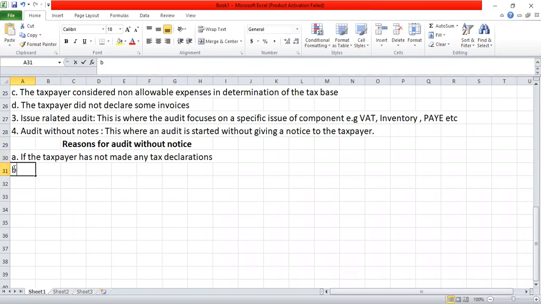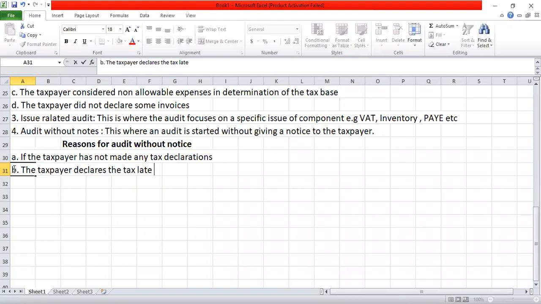Reason number 2, the taxpayer declares the tax late.